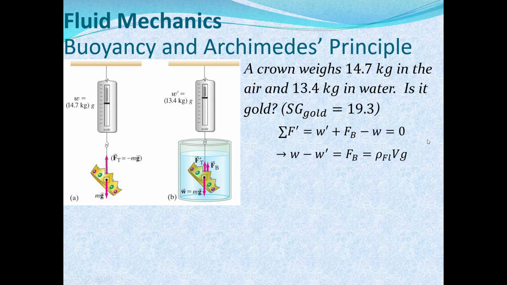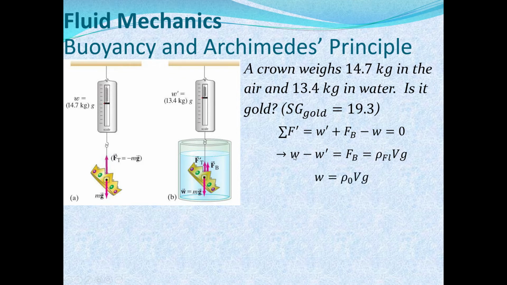Now, if I move the two weights to the other side, we end up getting this: the difference between the regular weight and the altered weight is equal to the buoyant force. That makes sense. So that's going to be equal to rho Vg.